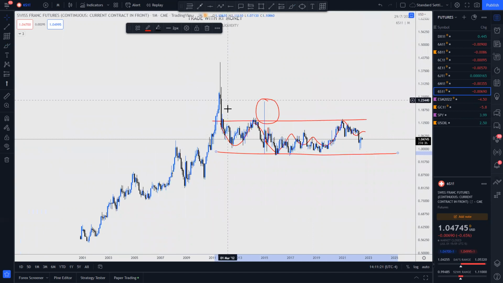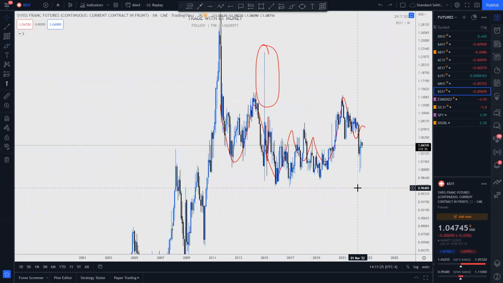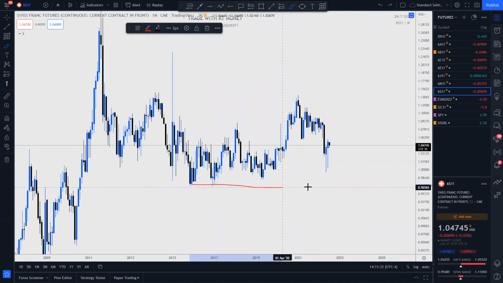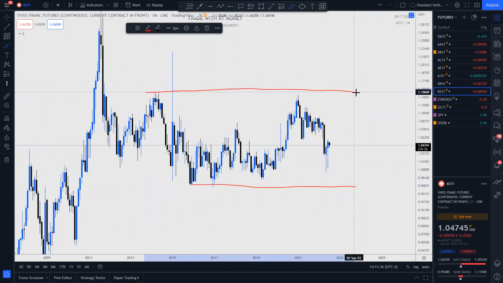We were bullish and then it started to range. Now, I also want you to see that we have picked up from the bottom of the range, and we went to the top.